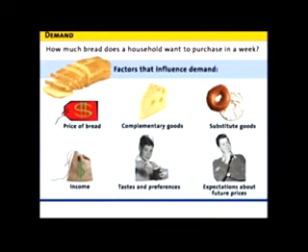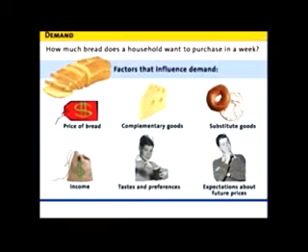If we want to see how any of these variables influences the quantity of bread that a household purchases in a week, we've got to examine it in some orderly fashion. That is, if we want to know how changes in the price of bread influence the quantity of bread demanded, we've got to isolate the effect of the price of bread by holding all of the other variables constant.